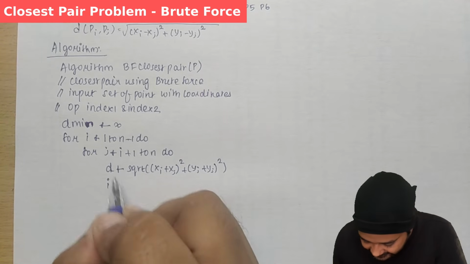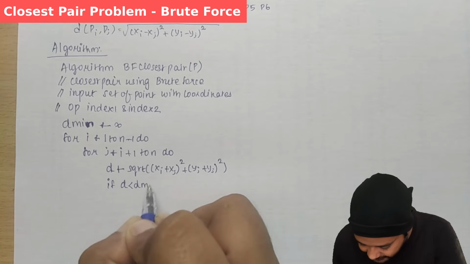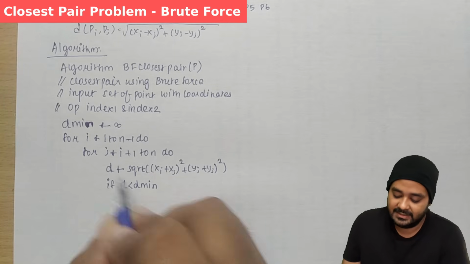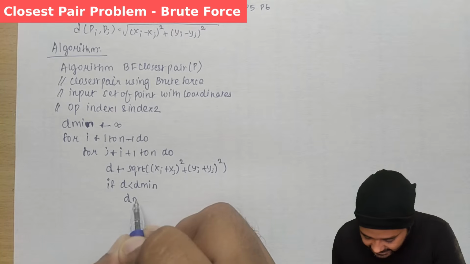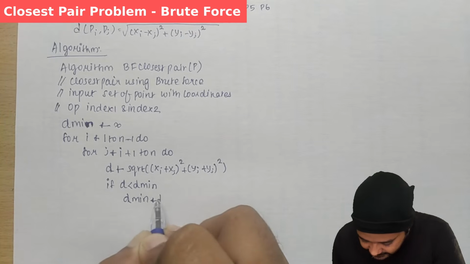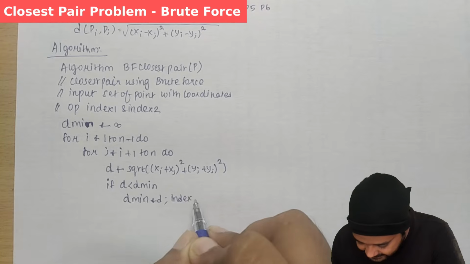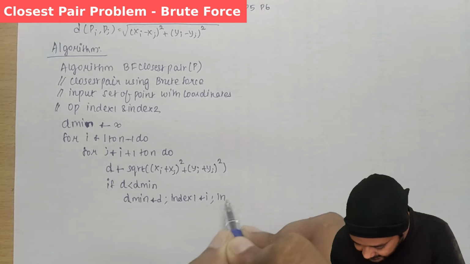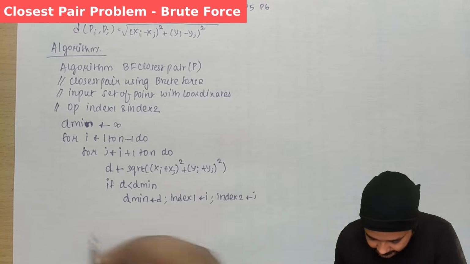Once after calculating it, I am comparing it with d minimum. If the value d which is obtained is lesser than d minimum, we assign it to d minimum, and then index 1 will be i and index 2 will be j, right?